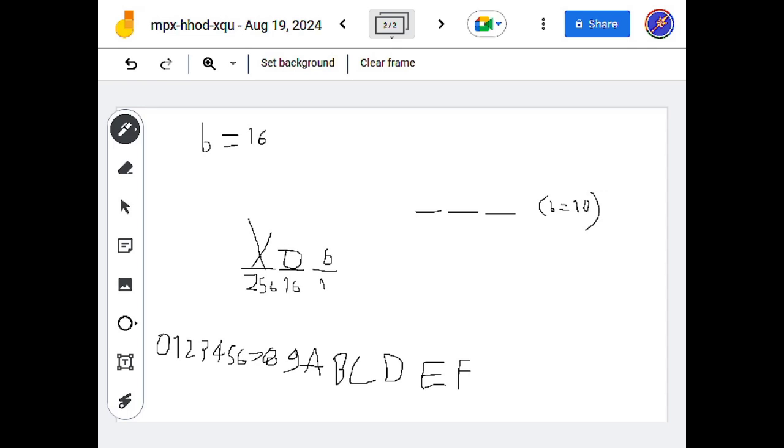Hey Google, what is 13 times 16? So that's 208 there.